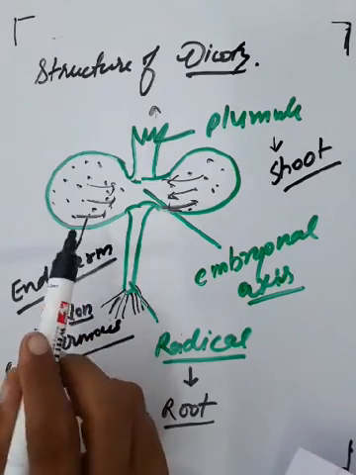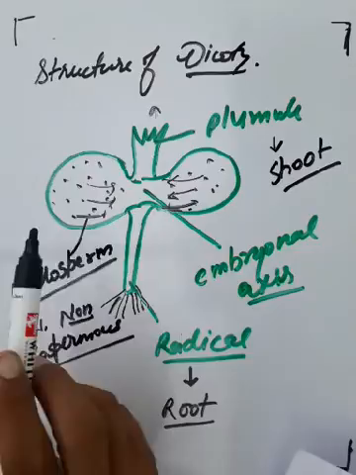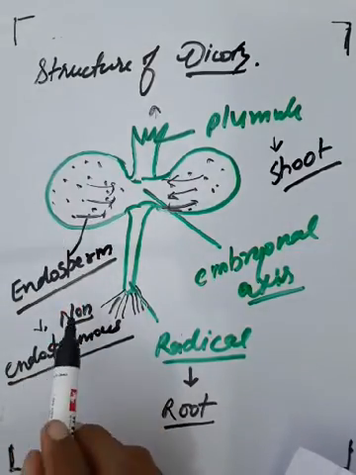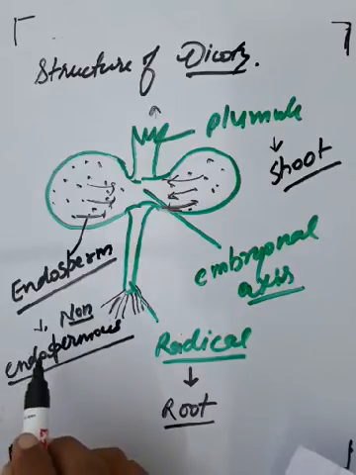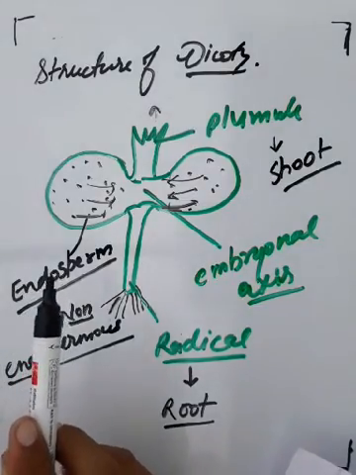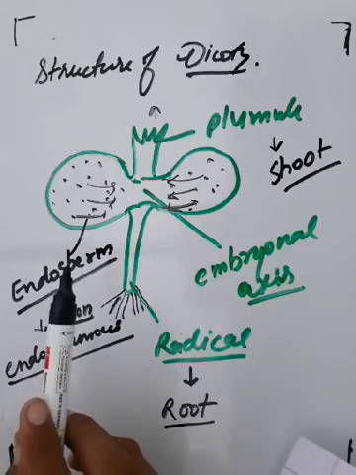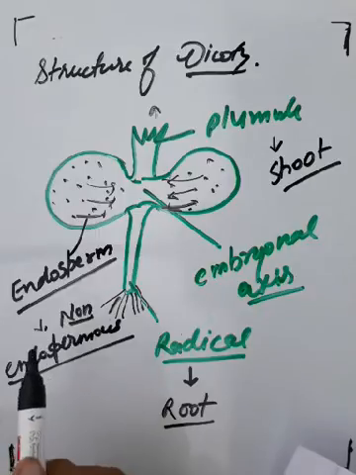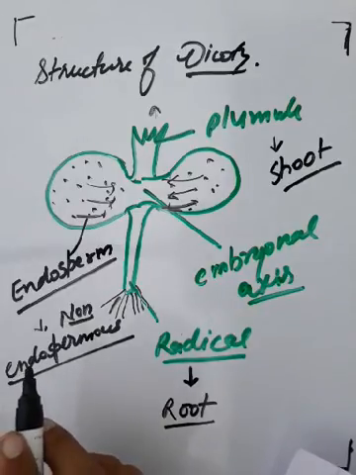In some seeds, when the endosperm is used during development, those seeds are known as non-endospermous. In some seeds that have endosperm in their cotyledons, these are known as endospermous seeds.